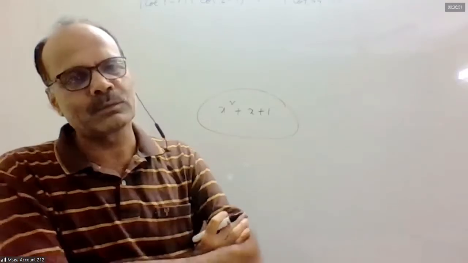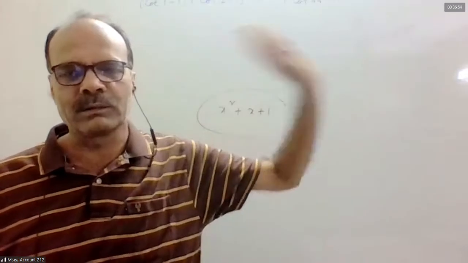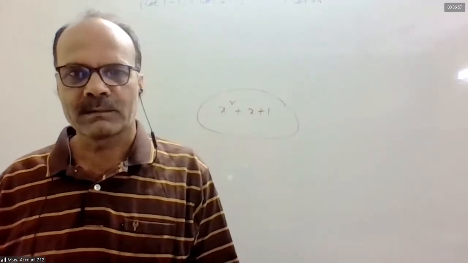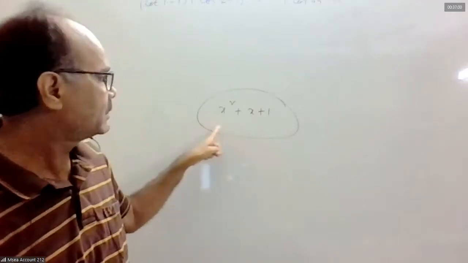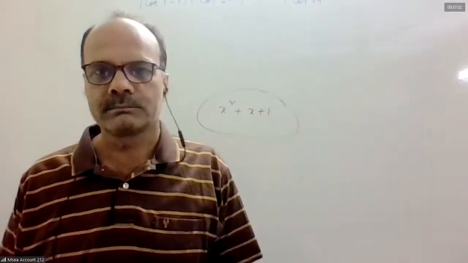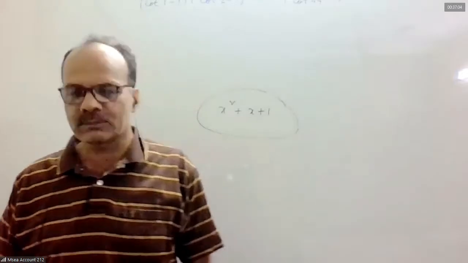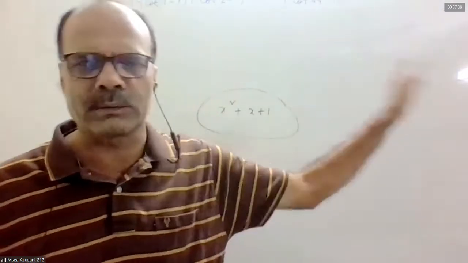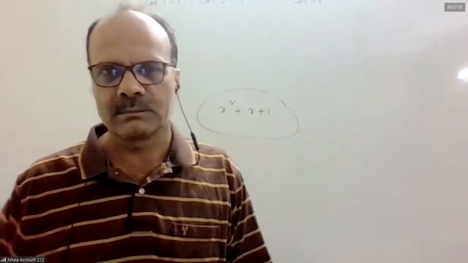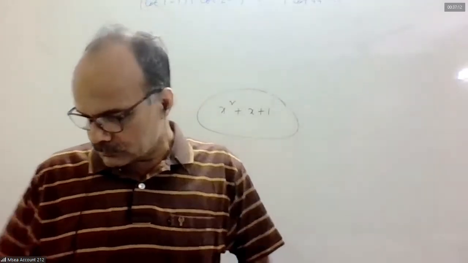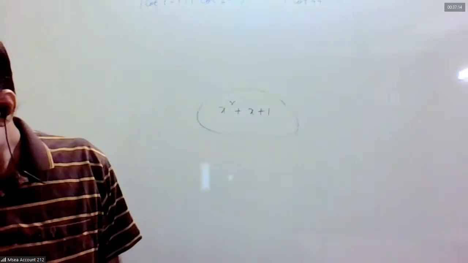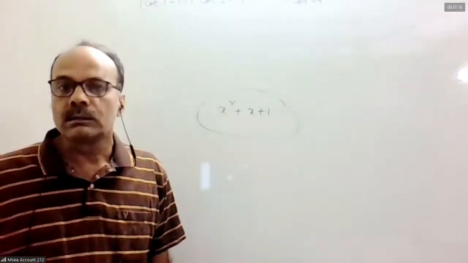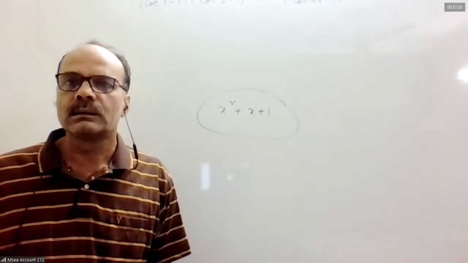Let alpha and beta be the roots of some equation; we don't bother about that. If it's real, it's always positive. So 1 plus alpha square is always positive, and 1 plus beta square is always positive. Understood or not? Understood, sir. Next, 24.